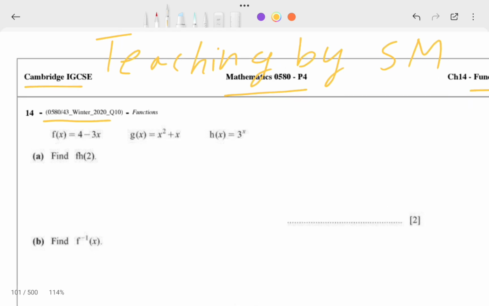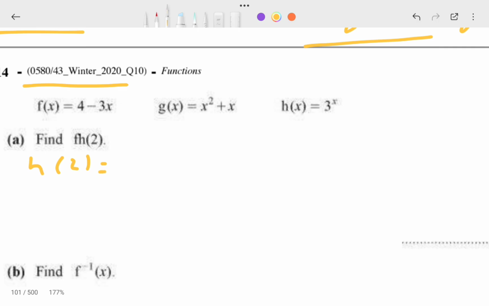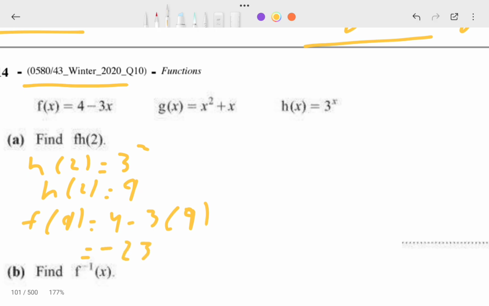So first I will find h(2), which is 3 to the power 2, and h(2) will be equal to 9. Then I will put 9 in the f function. So f(9) is 4 minus 3 times 9, which will give us the answer minus 23.